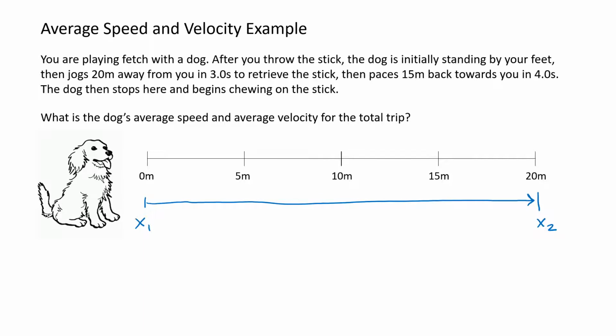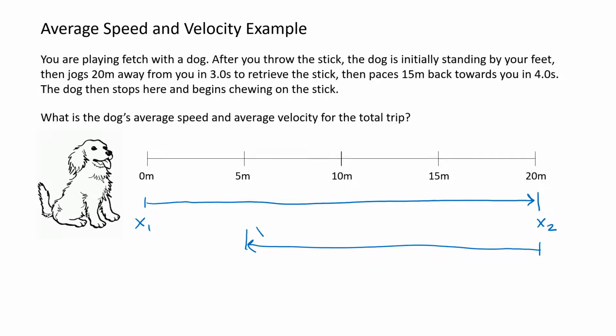in 3 seconds. And then it jogs back, but dogs never bring anything back perfectly. So it brings it back 15 meters towards you. So then it goes from this position back 15 meters to right here.